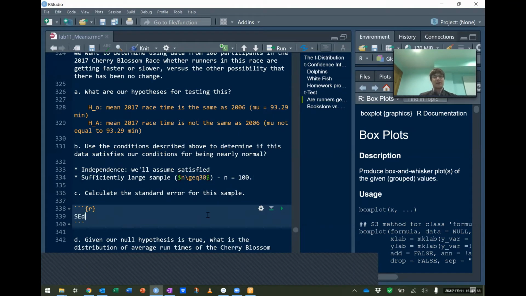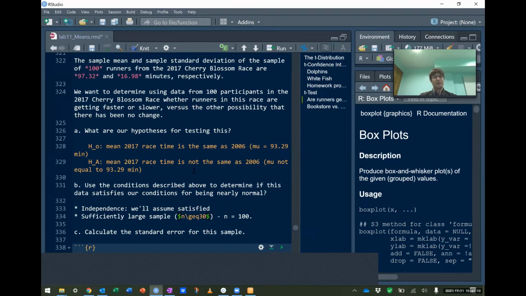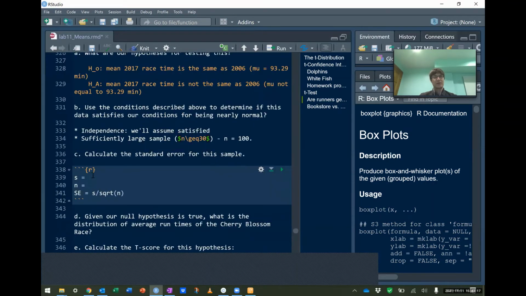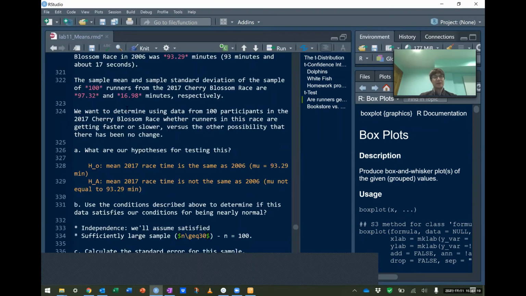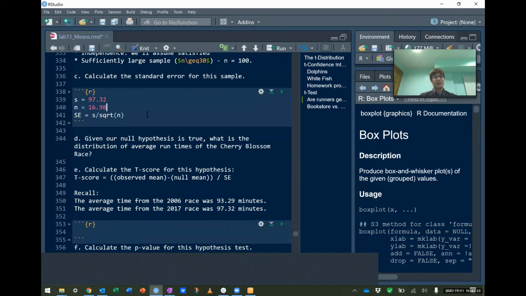All right, so then let's calculate the standard error. Notice I have the formula memorized. The only thing you need to do is find out what S and N are. So remember, we're sampling from the 2017 race. So that was our mean, 97 minutes, standard deviation, 16.98.